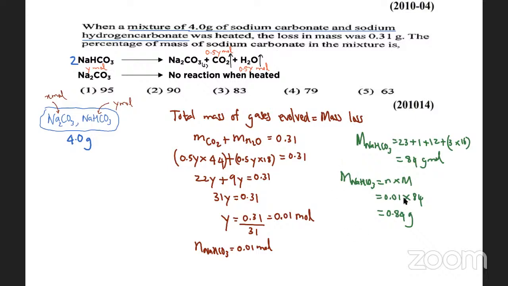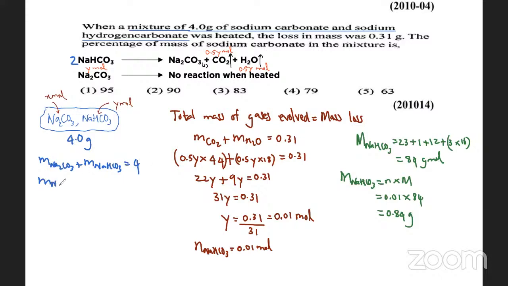And if that's the mass of sodium bicarbonate, then what is the mass of sodium carbonate? Now we know the mass of sodium carbonate plus the mass of sodium bicarbonate is equal to 4.